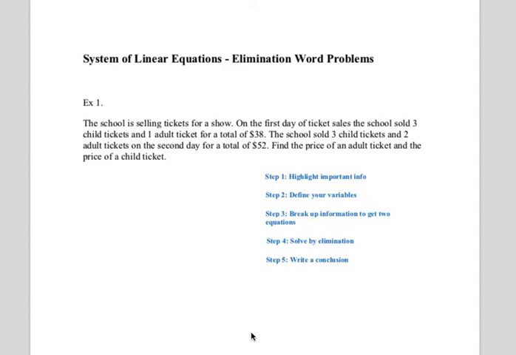The school is selling tickets for a show. On the first day of ticket sales, the school sold 3 child tickets. Okay, so what I want you to do is highlight the important parts. So they sold 3 child tickets and 1 adult ticket for a total of $38.